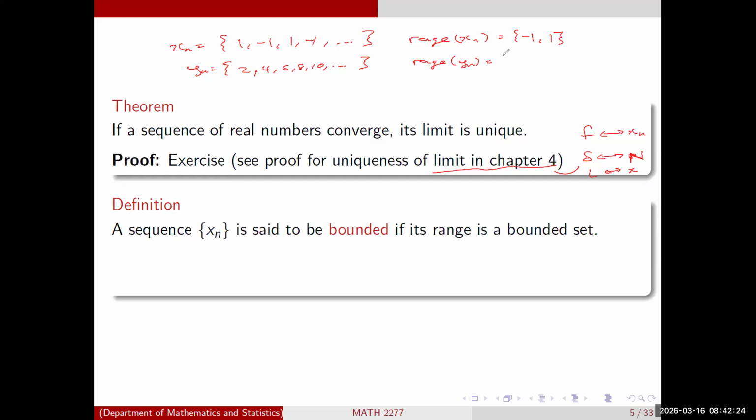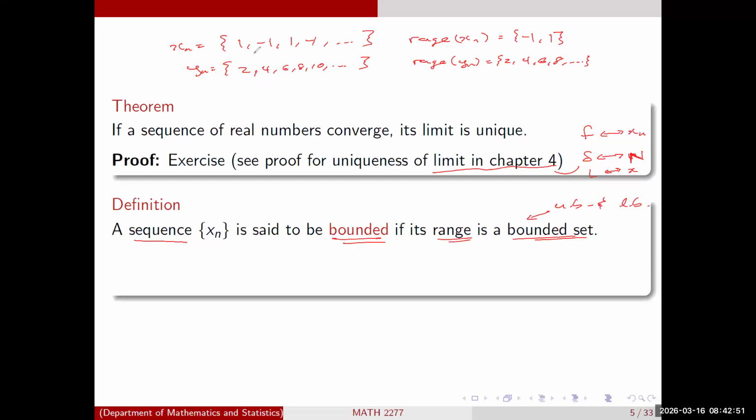So in this case, the range of the sequence is 2, 4, 6, 8, and so on. It is all of the possible terms. So the definition is saying that a sequence is bounded if the range is a bounded set. You all know what bounded set means. It has an upper bound and a lower bound.